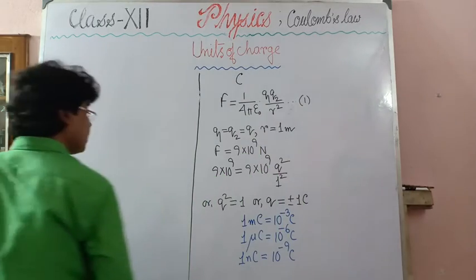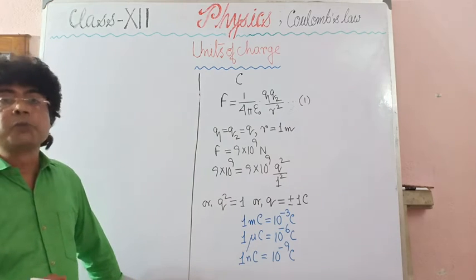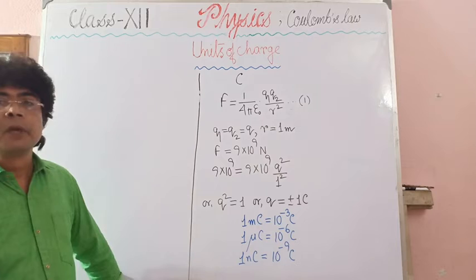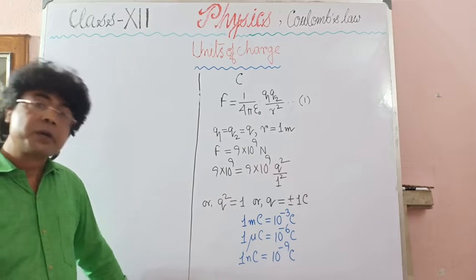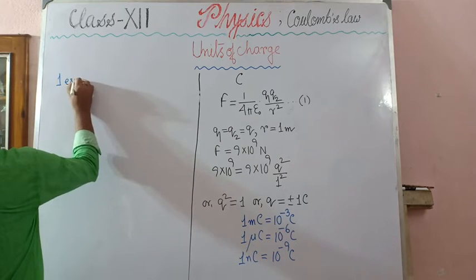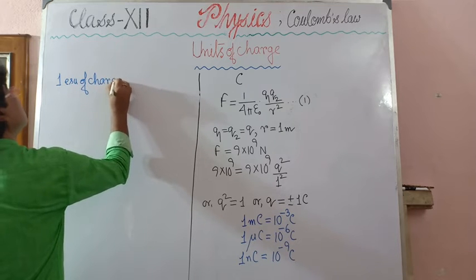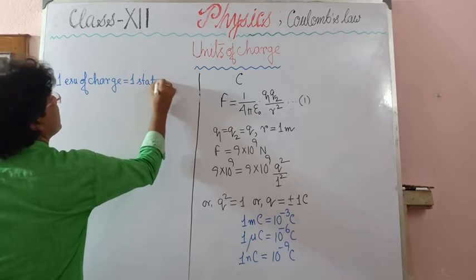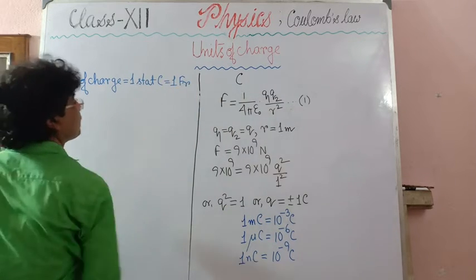In the CGS system, the unit of charge is the ESU of charge, or stat coulomb, or Franklin. So, 1 ESU of charge equals 1 stat coulomb equals 1 Franklin.